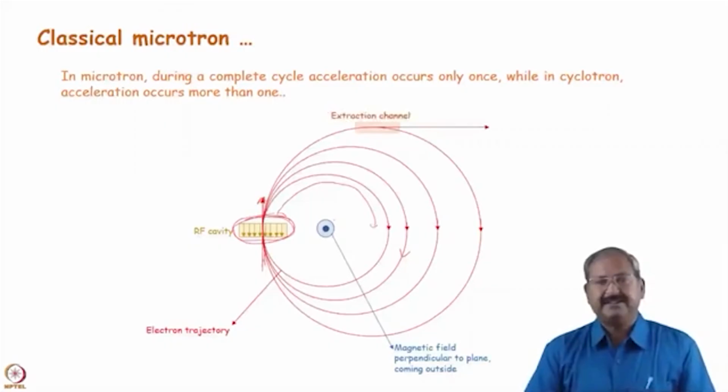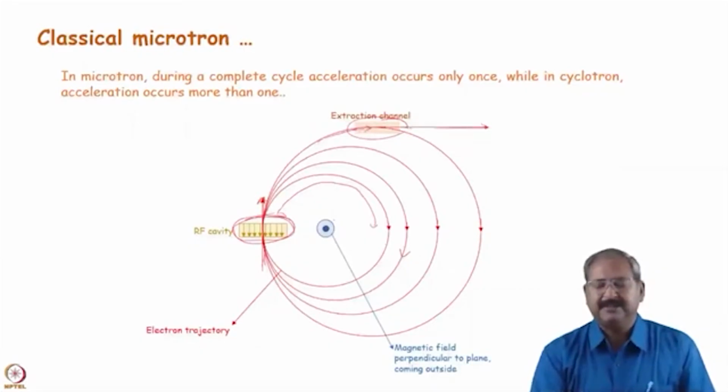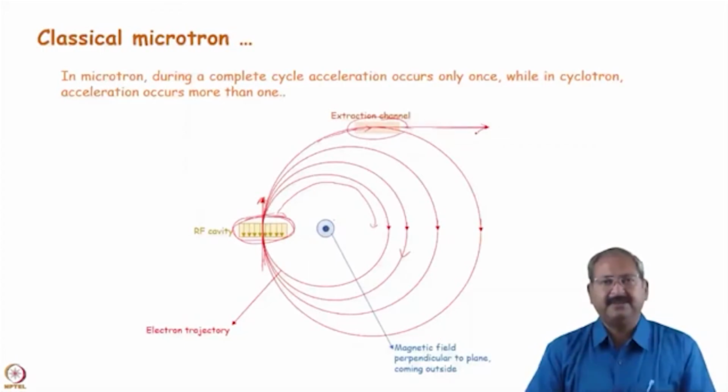Now for extracting the beam from the microtron, again we have the extraction channel where we shield the magnetic field. If we are able to shield the magnetic field, when the particle comes inside this channel there will be no force and it will go straight forward, and it can be extracted from the microtron.